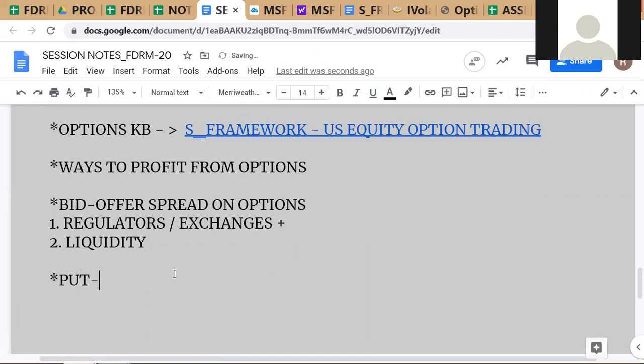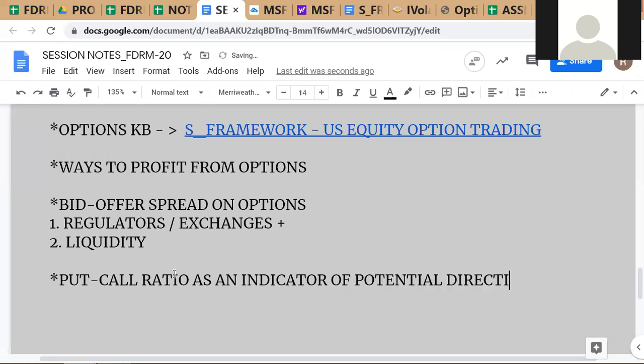Yeah, so what you're talking about, I might have mentioned it somewhere down in my notes. Maybe I've not talked about this put call ratio as an indicator of potential direction. What Siddharth is talking about is put call ratio.